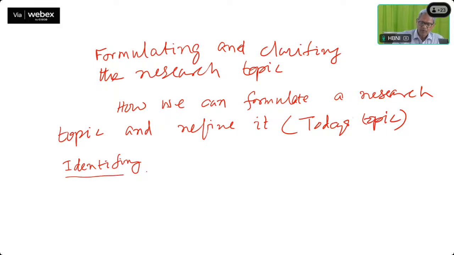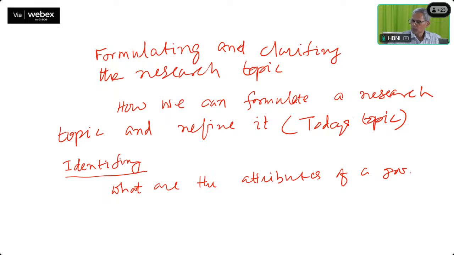We must know what the attributes of a good research topic are. Then we will see how generating ideas helps us select a very good research topic, generating research ideas that can help us.